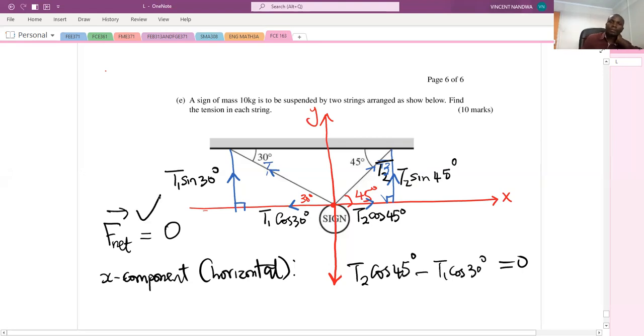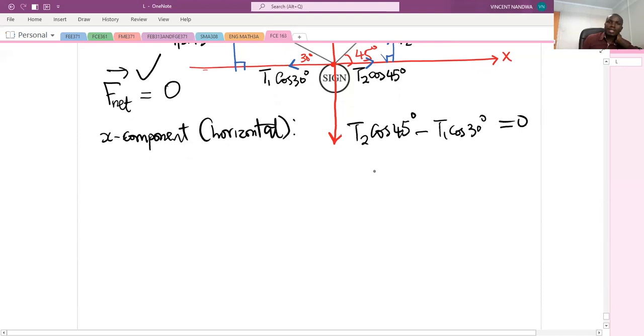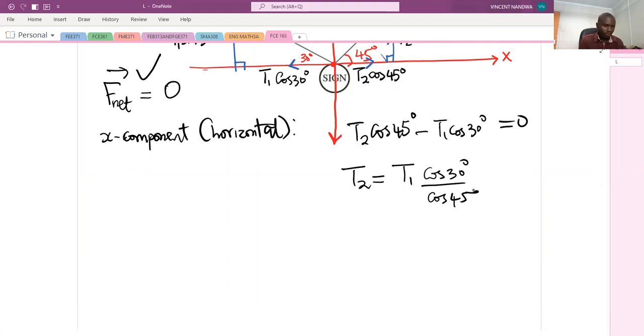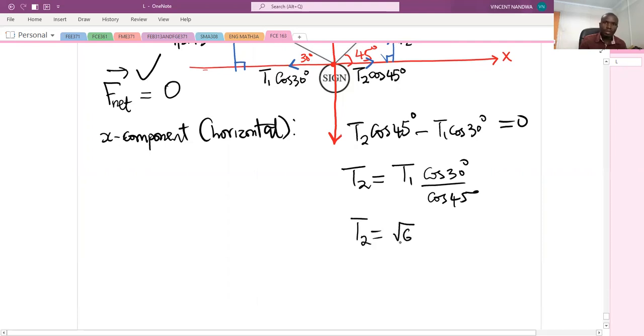The net force is 0. Then it tells us that T2 is the same as T1 cos of 30 degrees divided by cos of 45 degrees. Now cos 30 divided by cos 45 is root 6 over 2, so T2 = (root 6 over 2) T1. Call this one equation 1.